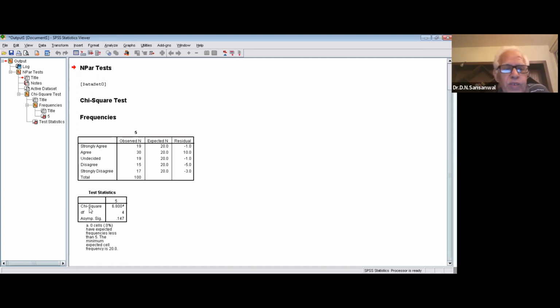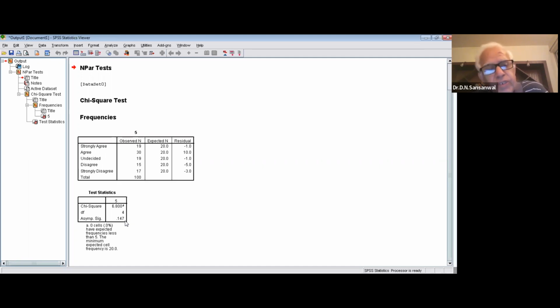And this chi-square is 6.800, and the degree of freedom is 4. And here significance is 0.147. That means the error is 14.7%. And the error should be either 5% or less than 5%.